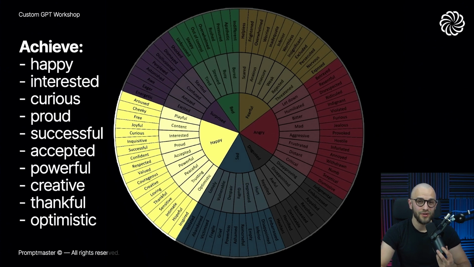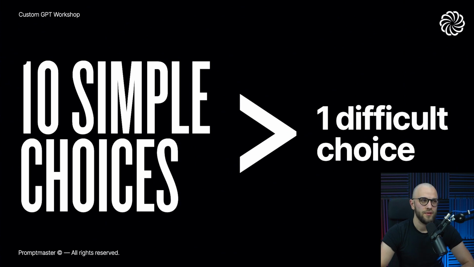The way you can achieve this is to give people 10 simple choices, which is always better than one difficult choice. So make your GPT easy to use, and you can do this with the description of the GPT, with the instructions, where you add things like guide the user into the next step, and with the starter conversation prompts.